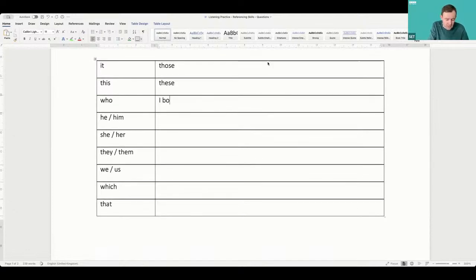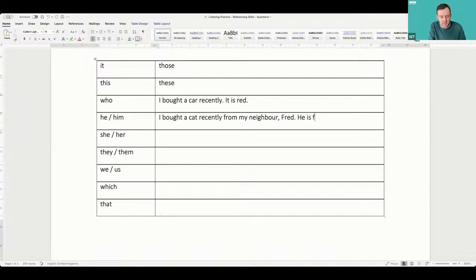Okay. I bought a car recently. It is red. The car, isn't it? The car is red. Well, actually, no. How about this? This is where it gets a bit strange. I bought a cat from my neighbor, Fred.